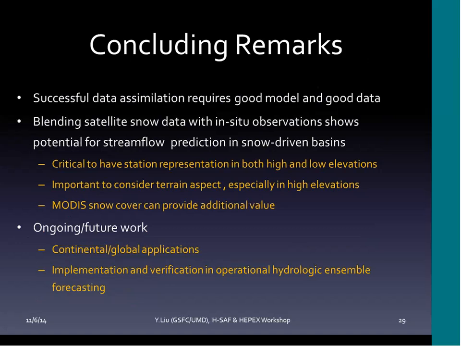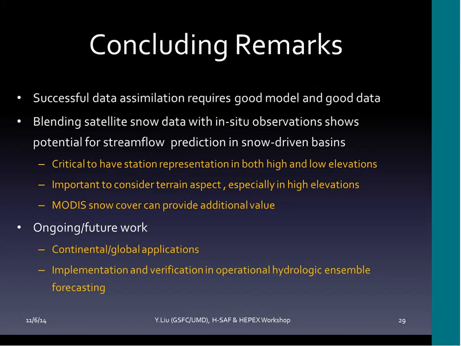Although it's critical that you have good representation in terms of the station network. But they don't need to be too dense, right? Otherwise, there's no need for the passive microwave data. And also, it's important to consider the terrain aspect, which has a large impact on the snow evolution. And then model snow cover can be used to provide some additional improvement.